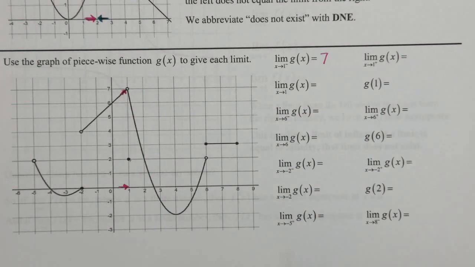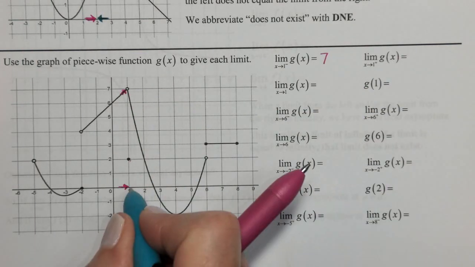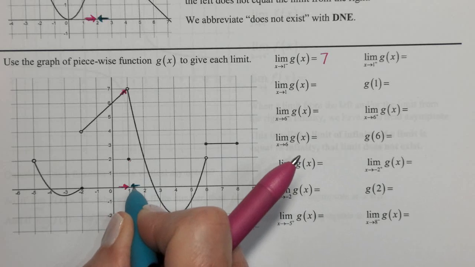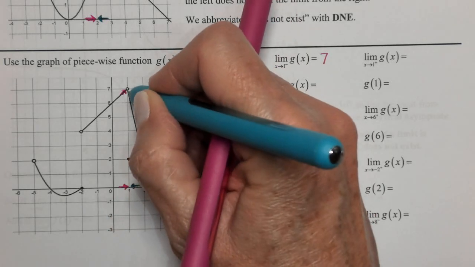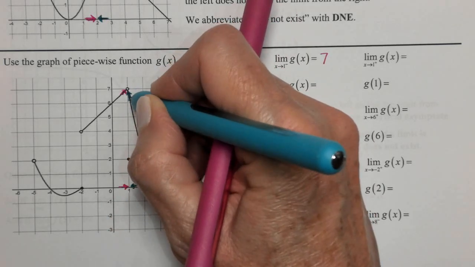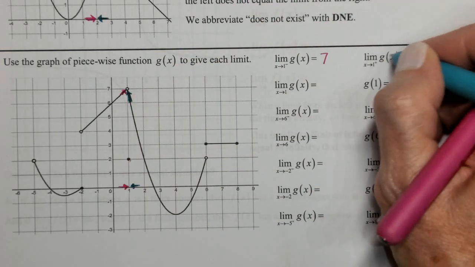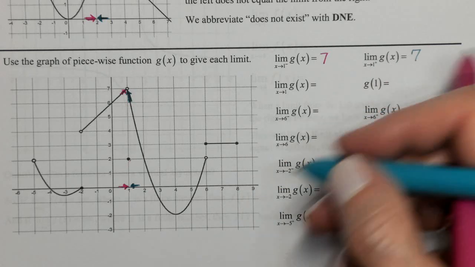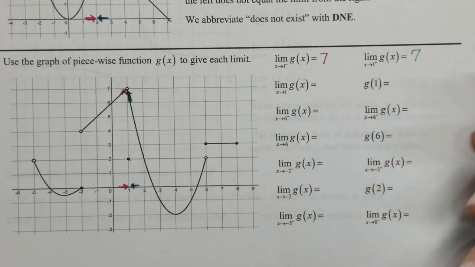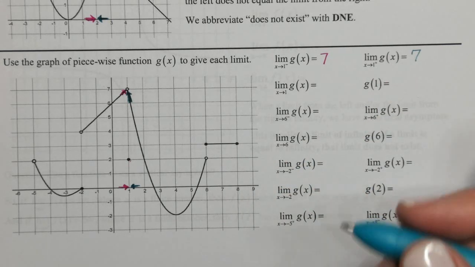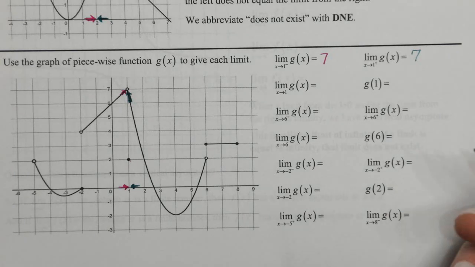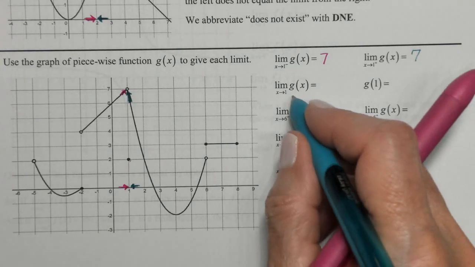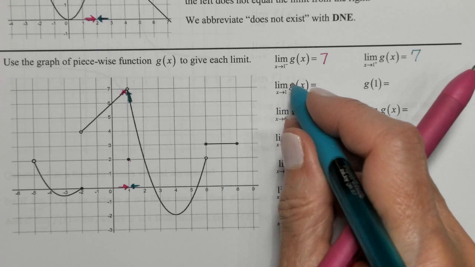Let's go to 1 from the right-hand side. From the right-hand side, the function value is still approaching 7. It thinks it's going to get to 7. It's intending to get to 7. The intended height is 7. Okay? So what is the limit as x approaches 1?